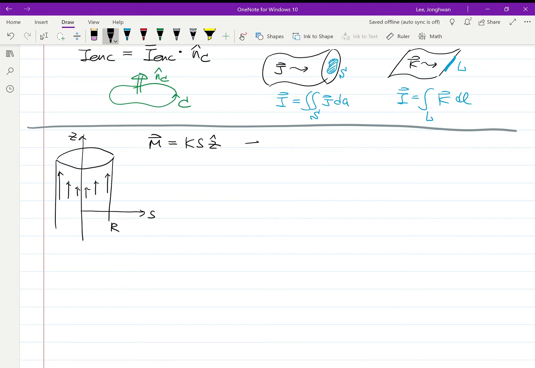And what we want to do is find the B field both inside and outside.